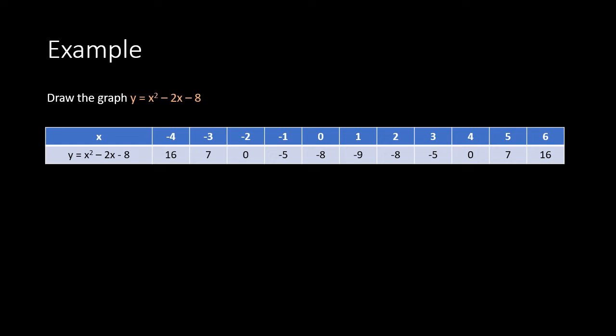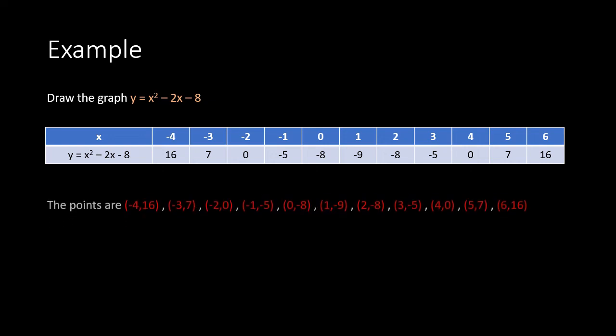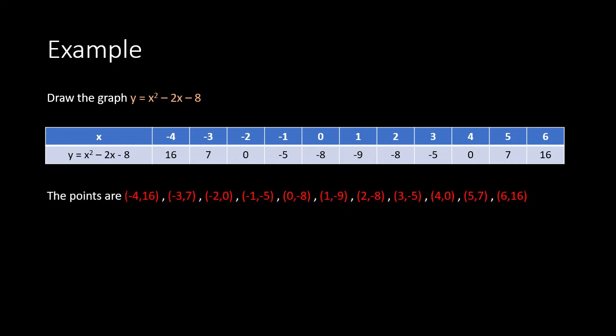So here in the table, the first row is the input and the second row is the output. This means that when I substitute x with -4, I get y equals 16. So -4 and 16 is the first point, -3 and 7 is the second point, and so on, like this, right? So we got 8 or 9 points.